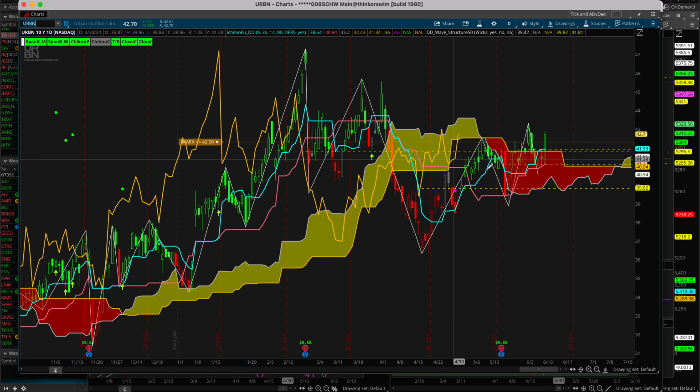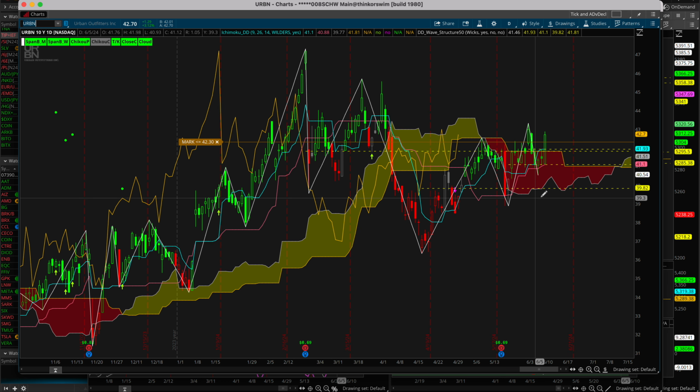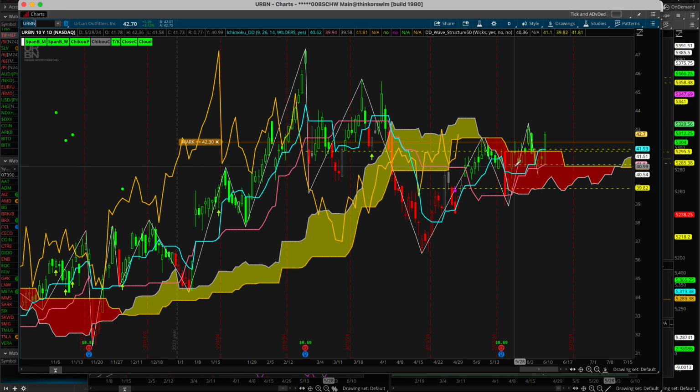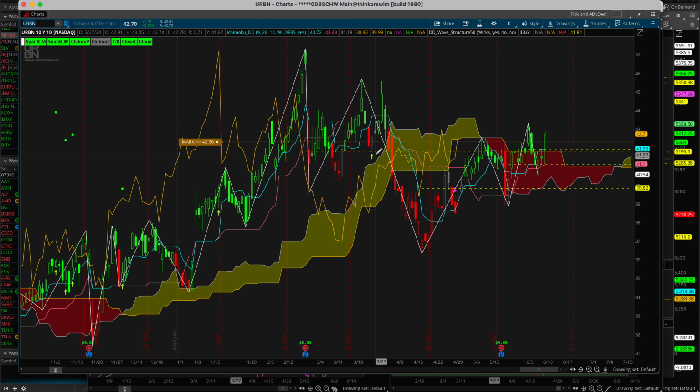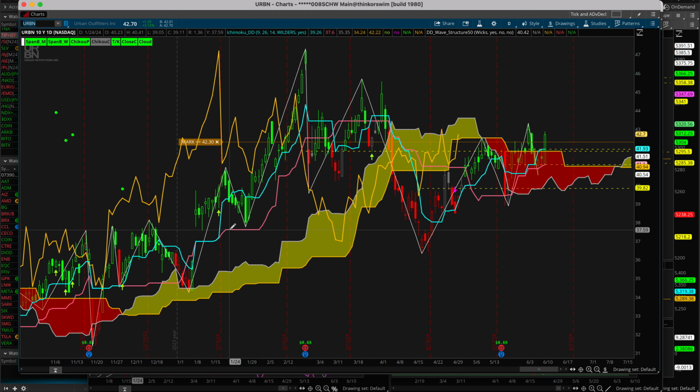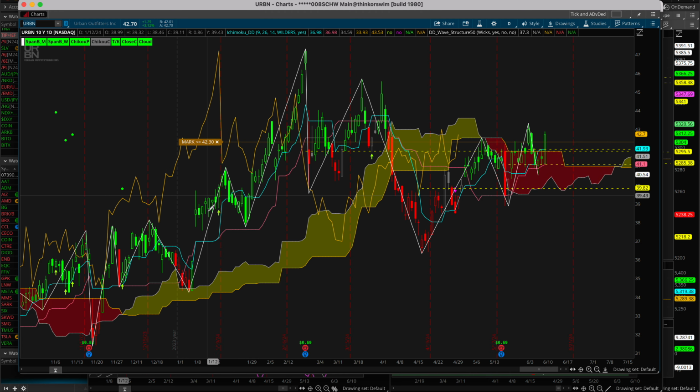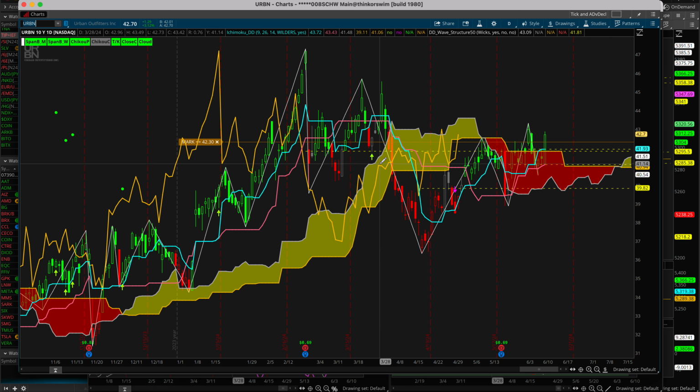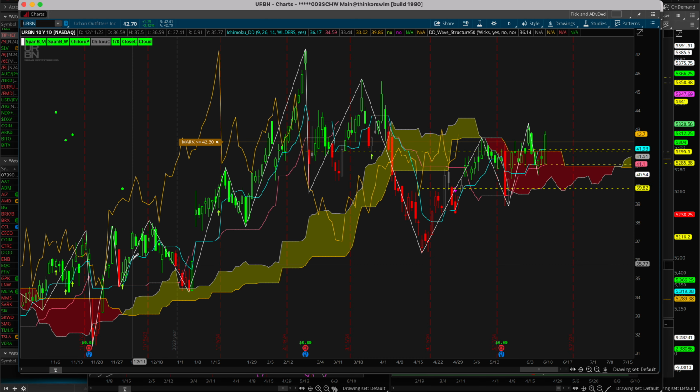If these all line up, my stop just becomes under the cloud on the given day that they all marry up, when all the signals come together. Which, by the way, I've got these little arrows coming when they all marry up together. And since I've got the green bars and the red bars, you can see when the systems are married up together.